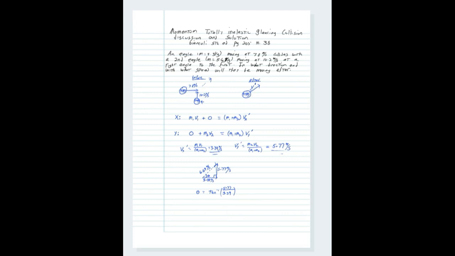And that comes out to be 59.6 degrees. So they're moving up and to the right at 59.6 degrees. If these were cardinal directions, I would say that it's 59.6 degrees north of east in that case.